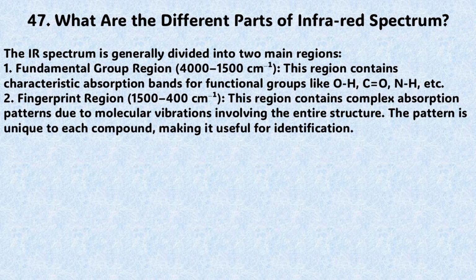This region contains characteristic absorption bands for functional groups like O-H, C=O, N-H, etc. Fingerprint region, from 1500 cm⁻¹ to 400 cm⁻¹. This region contains complex absorption patterns due to molecular vibrations involving the entire structure. The pattern is unique to each compound, making it useful for identification.